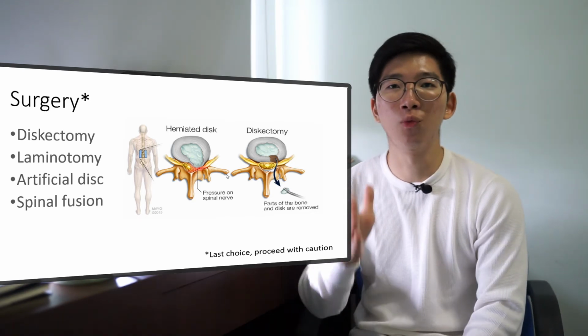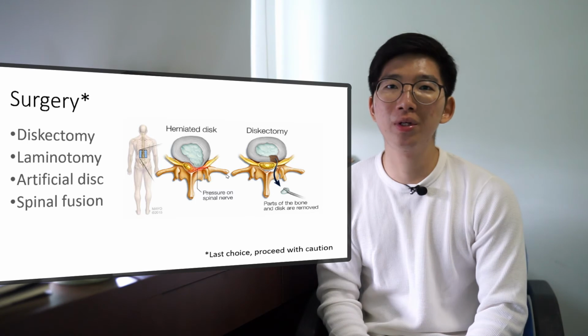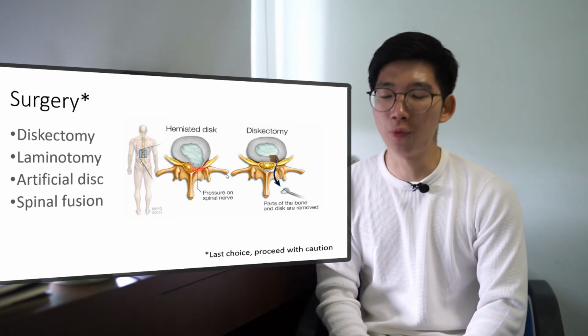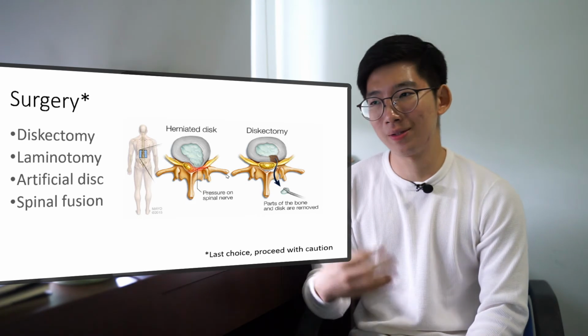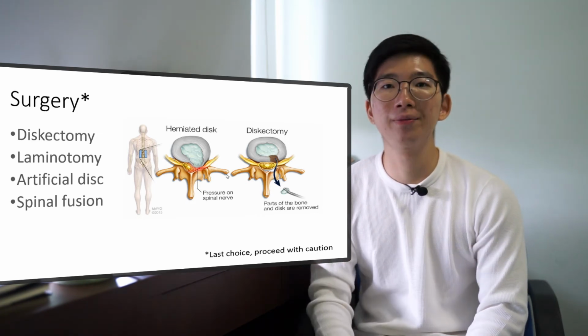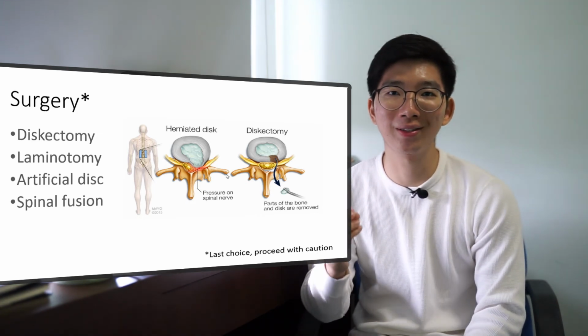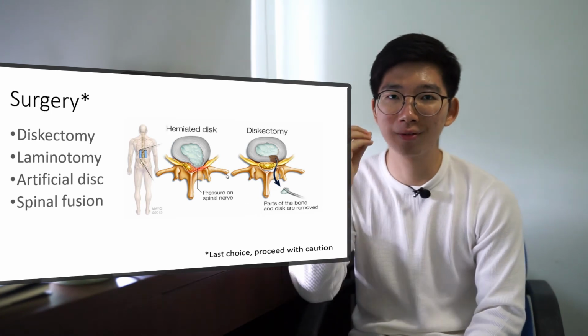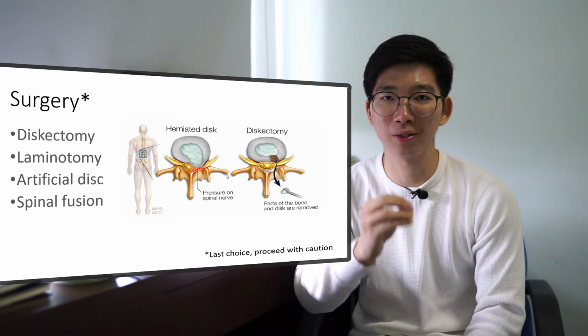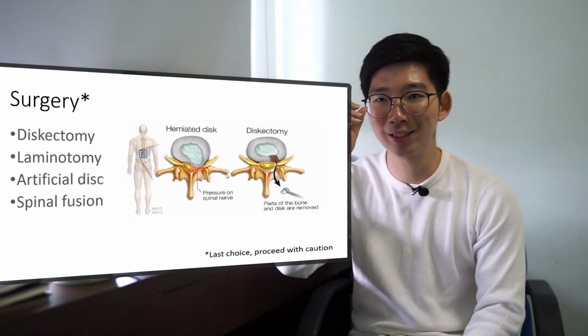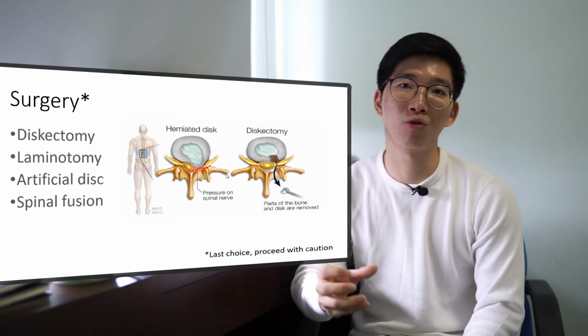Now, I must warn you here, surgery should be and will be the last choice that you make. It should not be the first thing that you jump to, because all surgery carries risks, and the risk associated with a spine surgery is extremely huge.